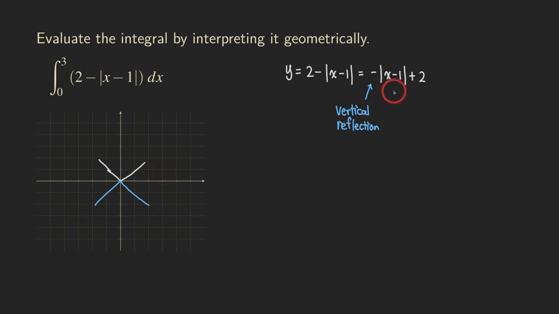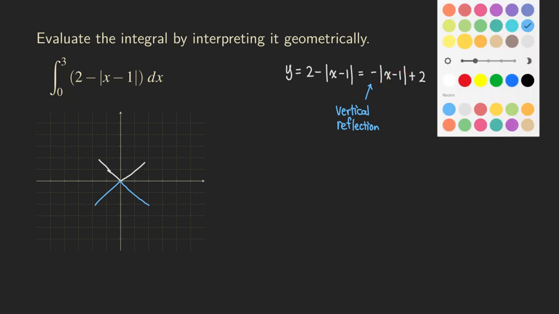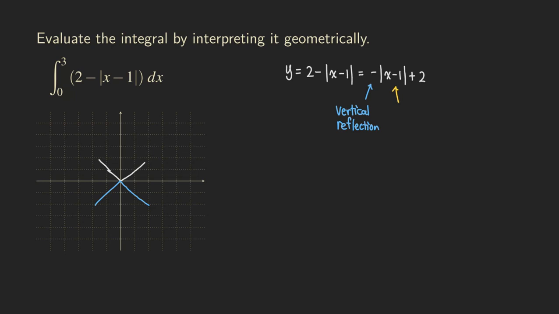Okay, so the next thing is that we are going to look at the minus 1 inside the absolute value function. What does that do? That's actually a horizontal translation. So that means you're going to move the graph left and right, right? And so the horizontal translation or horizontal shift.